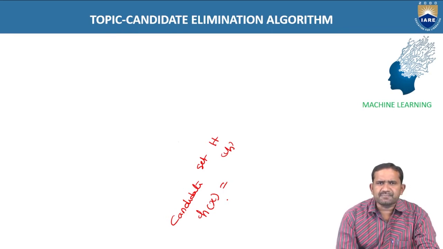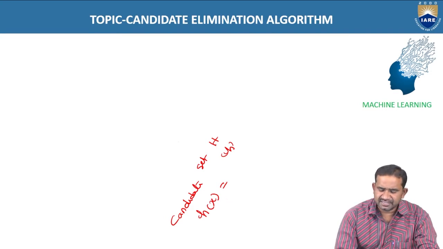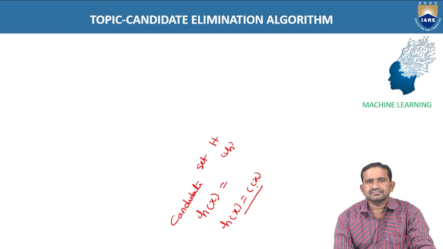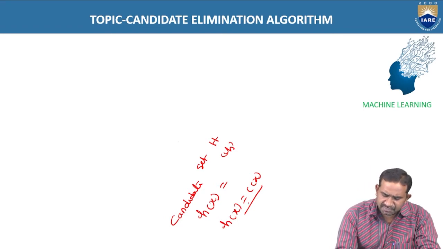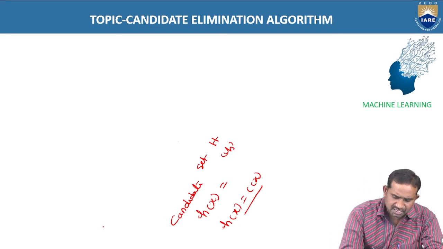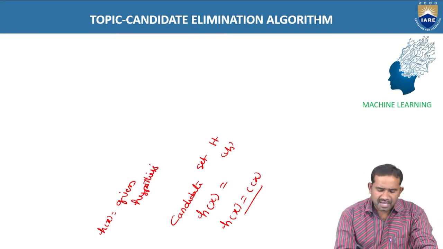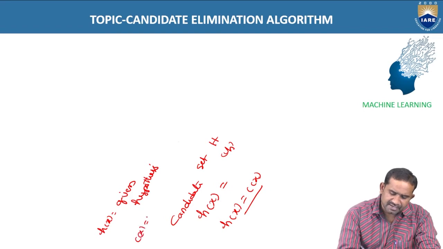If a hypothesis is consistent, it must satisfy the condition h(x) equals c(x). Here h(x) is the given hypothesis, and c(x) is the training example, or the target concept, that is, the target function.